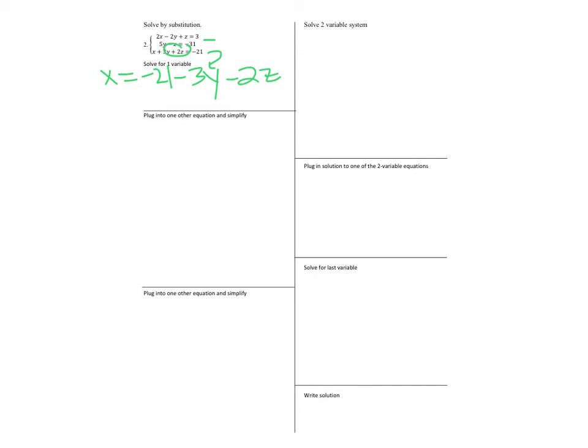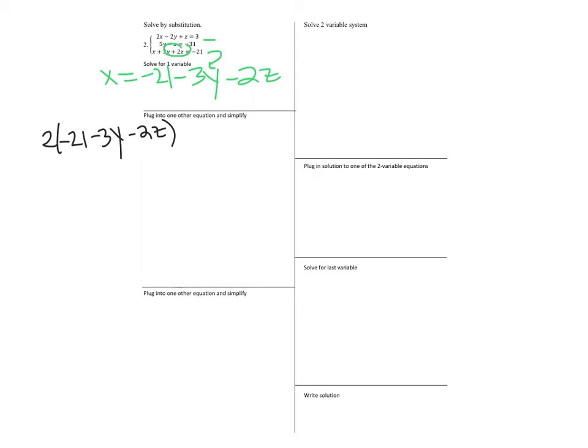So I'm just going to go ahead and throw it in my top equation because that's the only one I can. So I have 2, but instead of x, I have to put this expression, negative 21 minus 3y minus 2z. You still may want to write down these steps, okay, because these are the exact steps that you're going to have to take in order to completely find your x, y, and z.